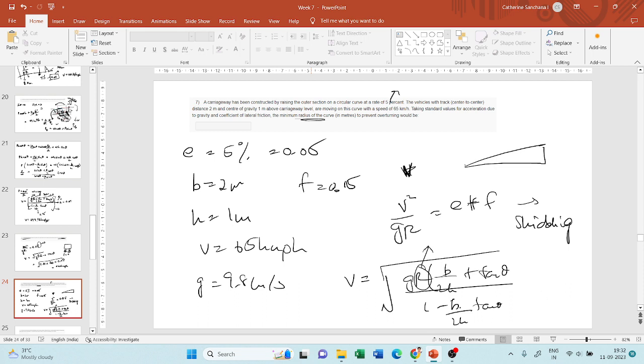Tan theta is 0.05, b is 2 meters, h is 1 meter, g is 9.81, r you have to find out, and v is 65 kilometers per hour. Okay, you have to make the necessary unit conversions. Okay, and the answer to this will be 30.06 meters.